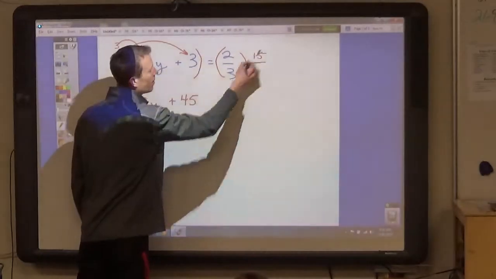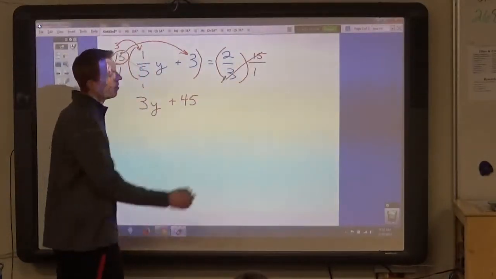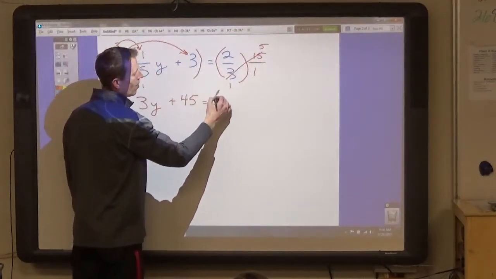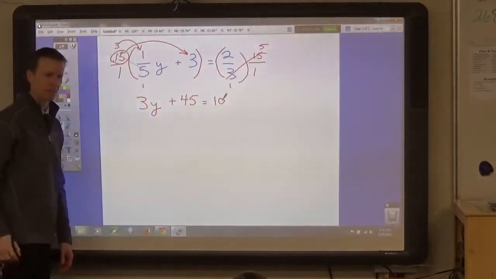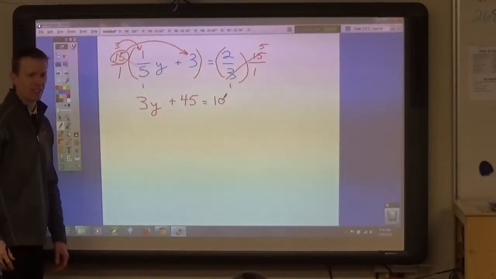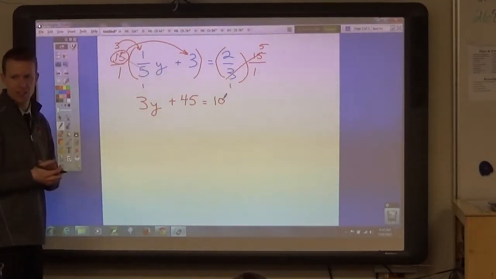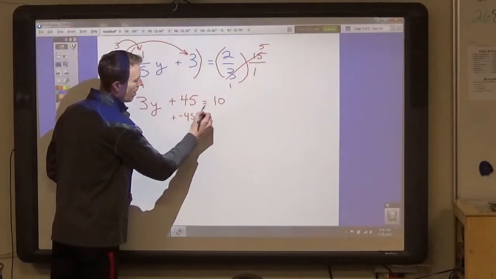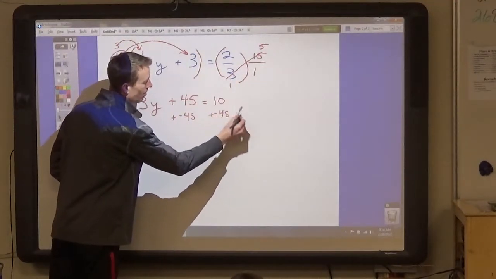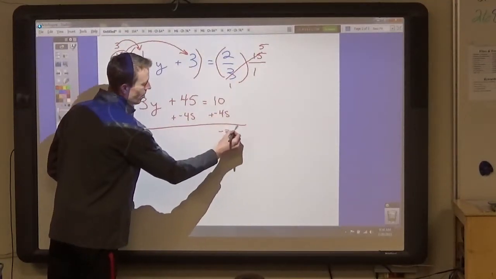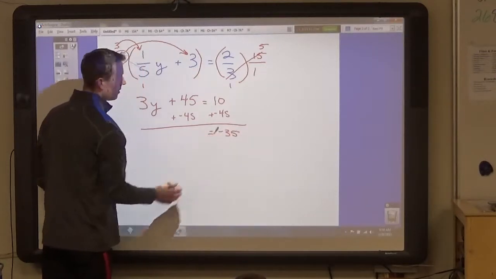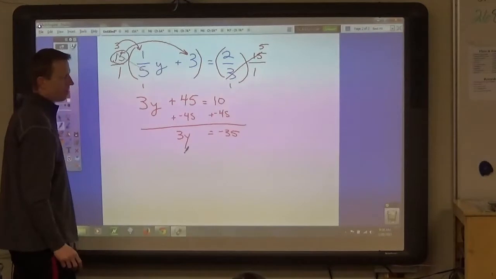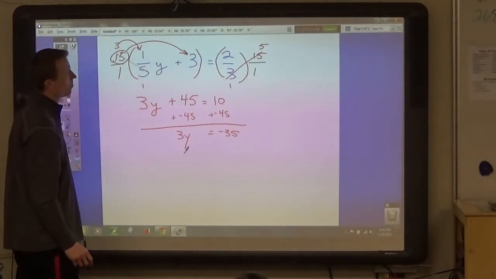Then on this side, that reduces to 1 and 5. So that is 10. Then we can solve this one in about 10 seconds, right? Add negative 45. Negative 35 equals 3y, right?